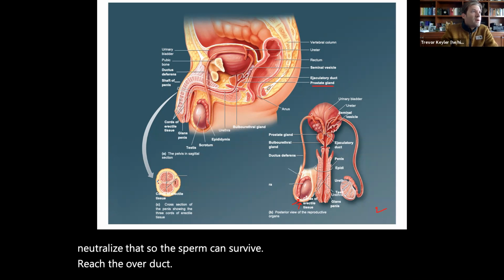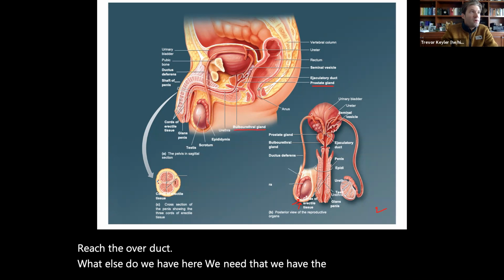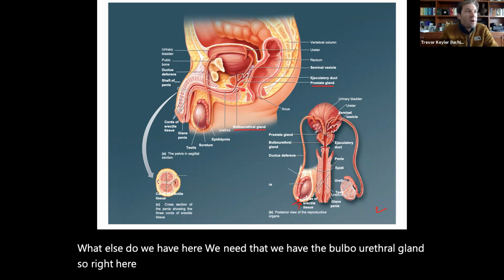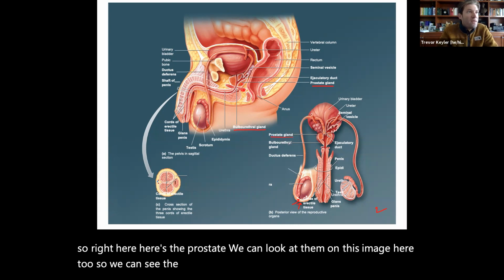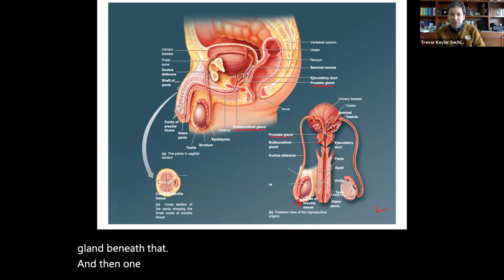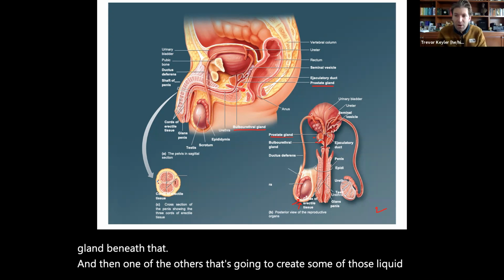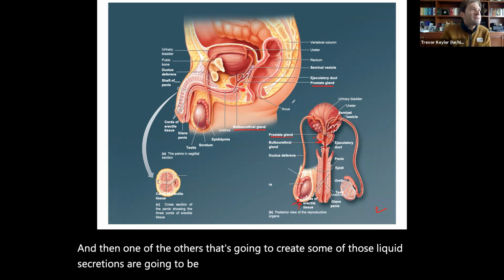What else do we have here? Beneath that, we have the bulbourethral gland. Here's the prostate. We can look at them on this image here too. We can see the prostate here, and then the bulbourethral gland beneath that. And then one of the others that's going to secrete some of those liquid secretions are the seminal vesicles.